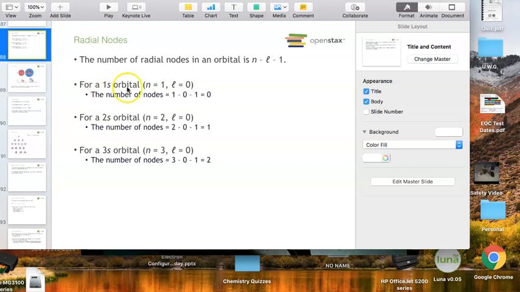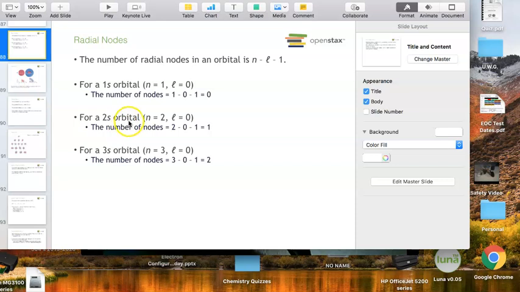The number of radial nodes in an orbital is n minus L minus 1. So for a 1s orbital, n is equal to 1, and L is 0. So the number of nodes would be 1 minus 0 minus 1, which is equal to 0.